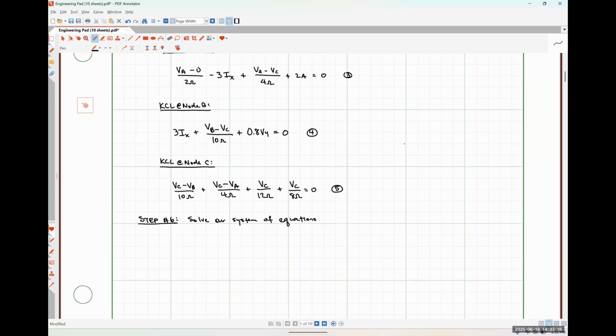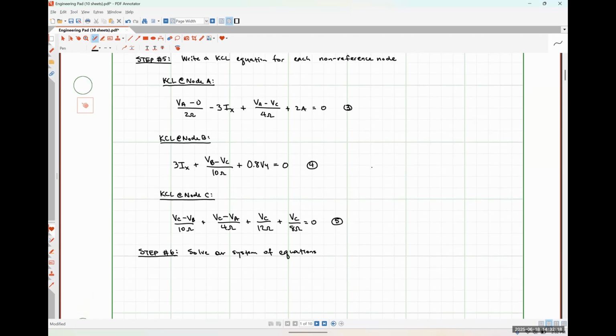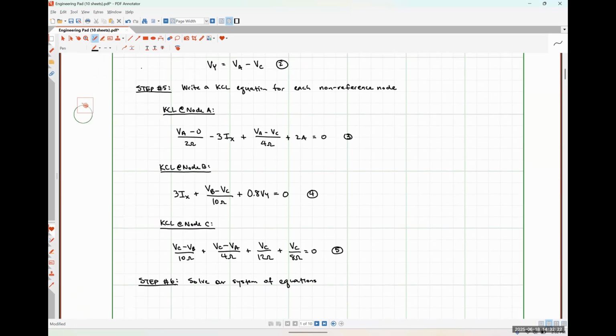Okay. So I'm just going to come out here to the right, and I'm going to simplify these guys a little bit. So this guy would look like VA over 2 ohms minus 3 Ix.